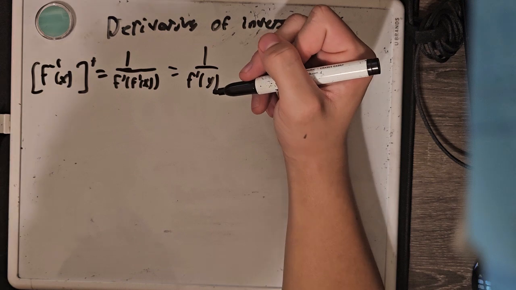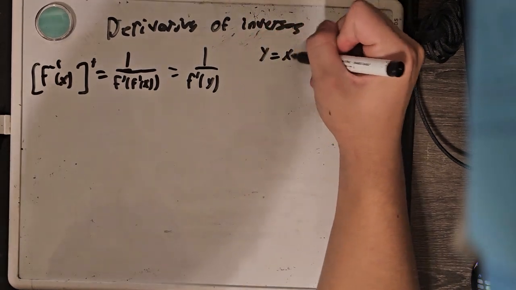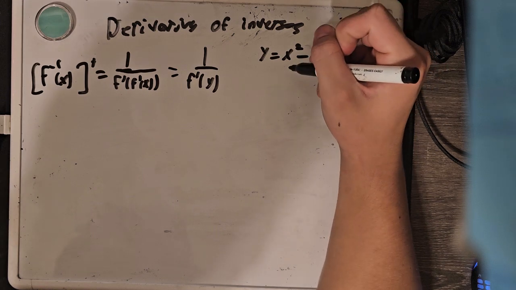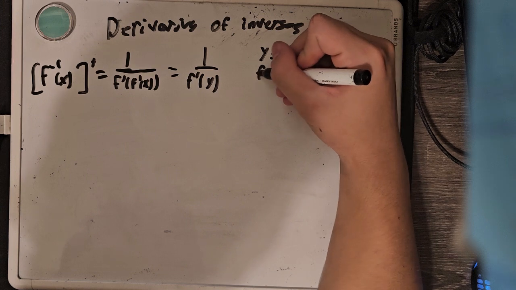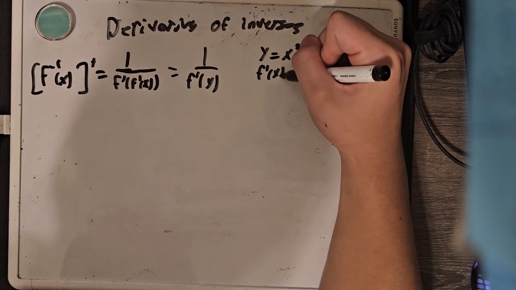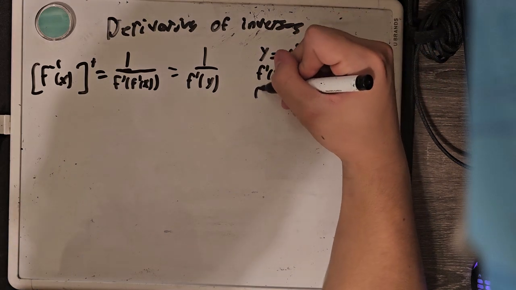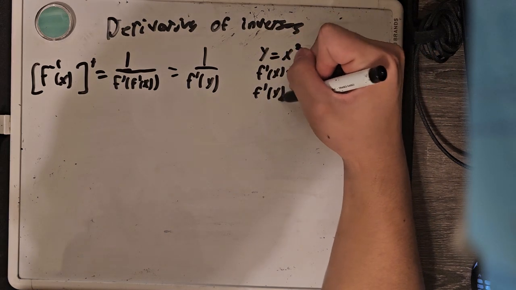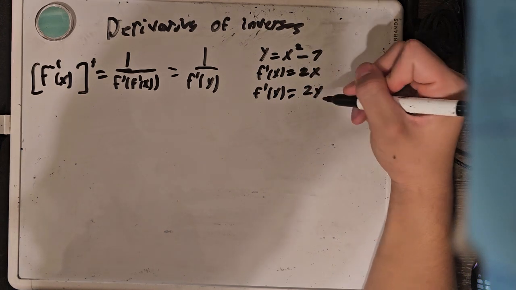Now, if we are given the equation y equals x squared minus 7, and we want to find the derivative of that, f prime of x is equal to 2x. Now, f prime of y, we swap out the x and y, is equal to 2y.